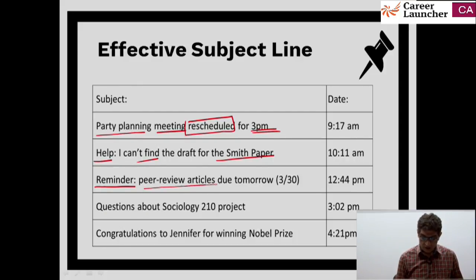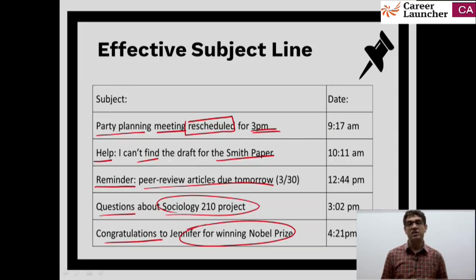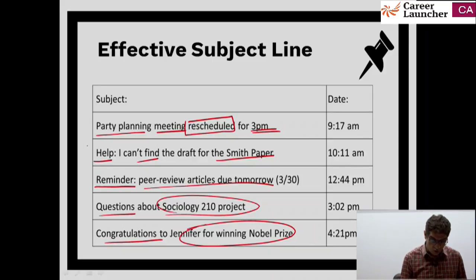And a reminder about what? See? Then it does not just say questions, but questions about some specific project. Congratulations, right? So that is what we mean: concise, to the point, gives you all the critical information, and that is how you would like to think it over.